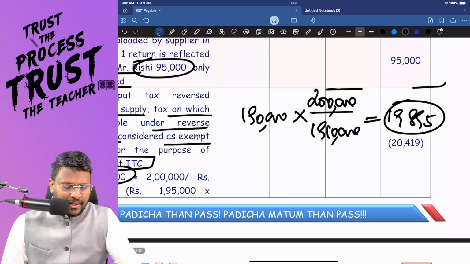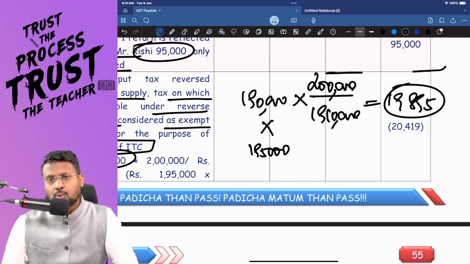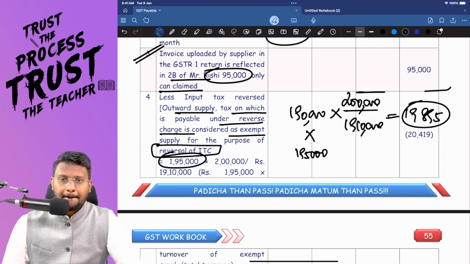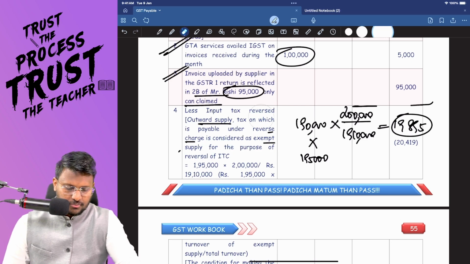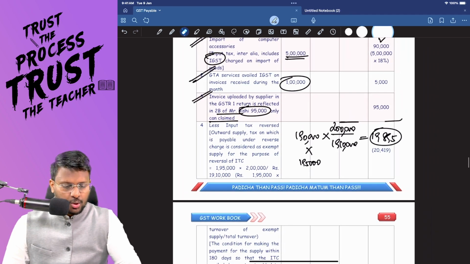How are we getting 1,90,000? Why are they getting 1,95,000? Look at the question. Go through it. You try to find out.